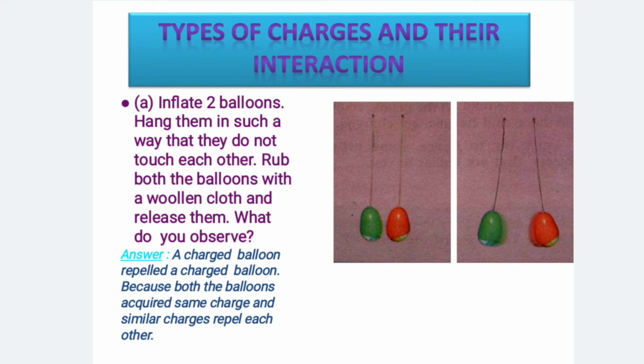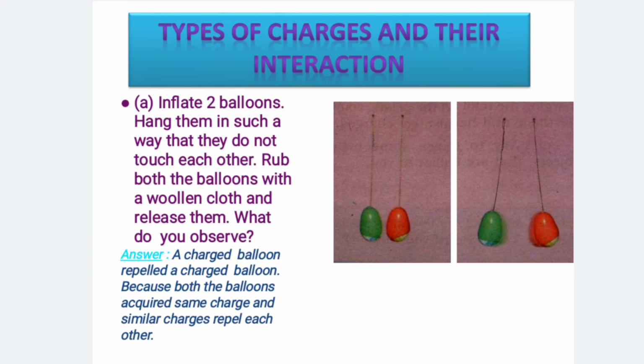Here one activity is shown, that is how charges interact with each other. We can inflate two balloons and hang them. Rub both the balloons with a woolen cloth and release them. What do you observe? Here we have rubbed both the balloons with woolen cloth. In the second figure, you see that they are moving away from each other.